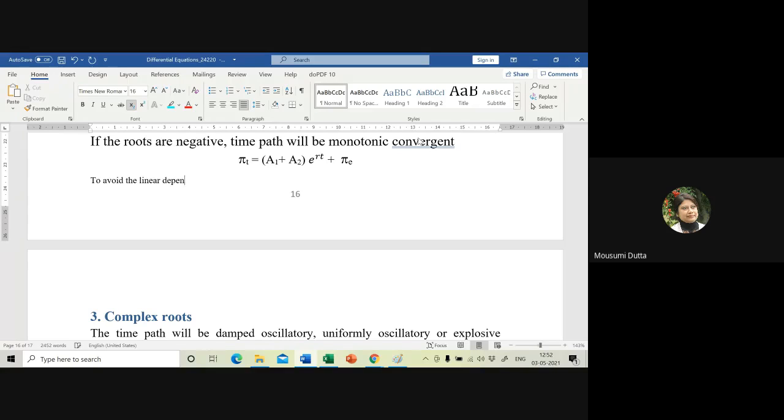Linear dependence: the idea comes from the underlying quadratic characteristic equation, which we can put in a better way using matrix algebra. Later we will do this. However, you check Chiang; if you understand the things at this stage, it will be even better.